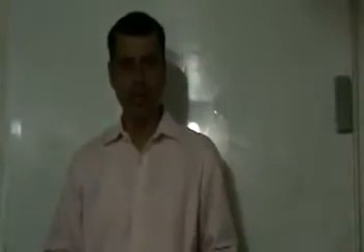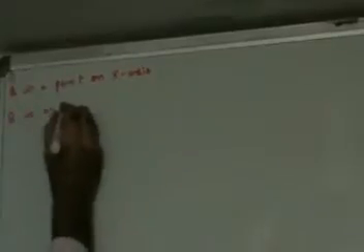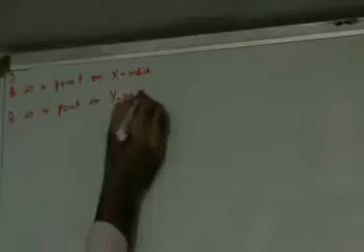My name is Sunil Mirwani and today we will be doing this chapter called locus. Let's see this. They give you that A is a point on x-axis, B is a point on y-axis, and they give you that length AB is 5.